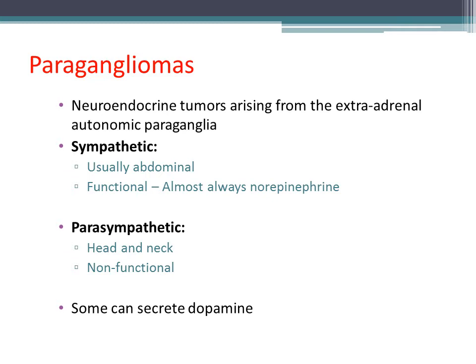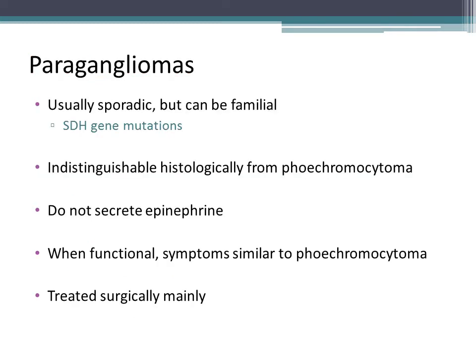Parasympathetic ones are usually located in the head and neck areas, and they're typically non-functional. So you will end up with a mass in the neck. The head and neck surgeon will resect it, and then the pathologist will tell us that this is a paraganglioma. It did not manifest clinically because it's non-functional. Some paragangliomas can secrete dopamine, although that's very rare.